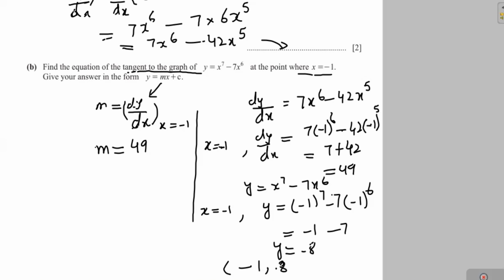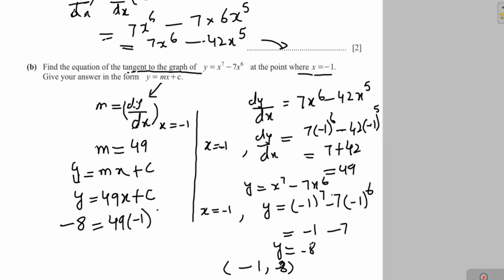Therefore, the coordinate of the point where the line is passing is minus 1, minus 8. Now we will substitute the values in this equation y equal to mx plus c. This equation becomes y equal to 49x plus c. And to get the value of c, we substitute the point minus 1, minus 8 in this equation. This becomes minus 8 equal to 49 into minus 1 plus c.